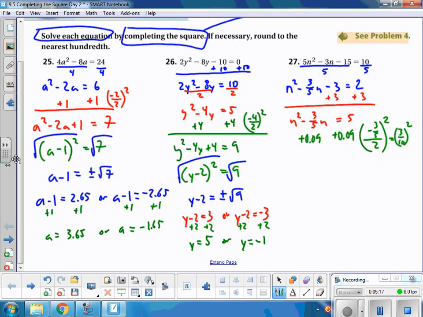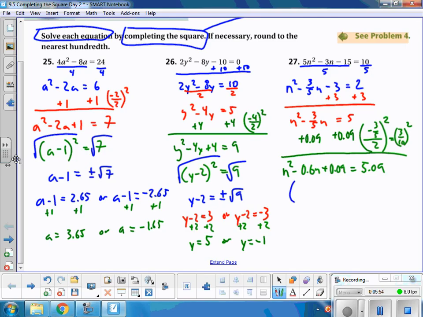When I was completing the square and finding my new c term, I kept coming up with a few funky answers. When I did it right though, I got 0.09. Let's continue. My new equation is n squared minus, I went to decimals on this one, 0.6n plus 0.09 equals 5.09.